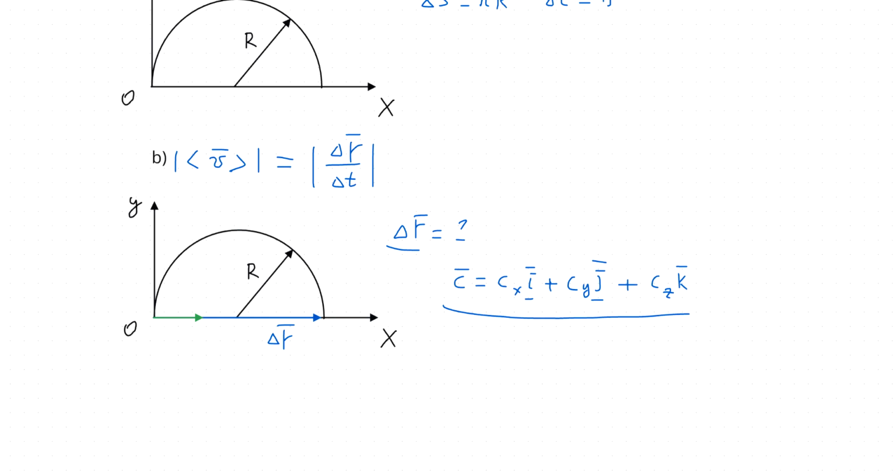So here we have i and j, ort i and ort j. And according to the picture, what will we get for delta r?